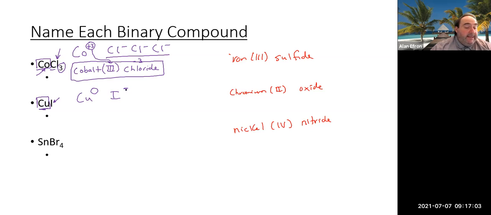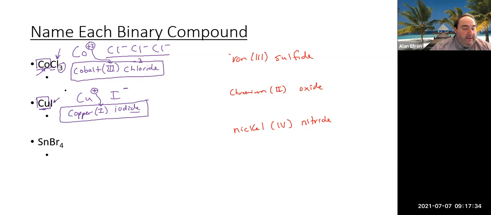So in this case, since there's just a -1 charge on the right, the copper in this case should carry a +1 charge to balance it out. That then works into our name of copper, whole name of the metal, Roman numeral 1 because of the +1 that is there. And the iodine gets the iodide treatment there, IDE at the end of it.